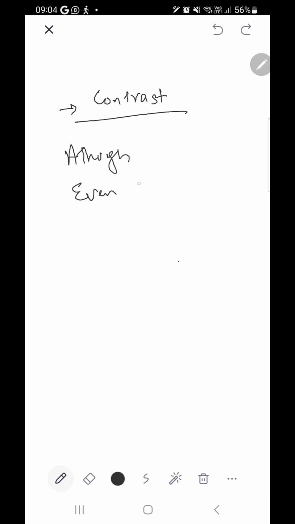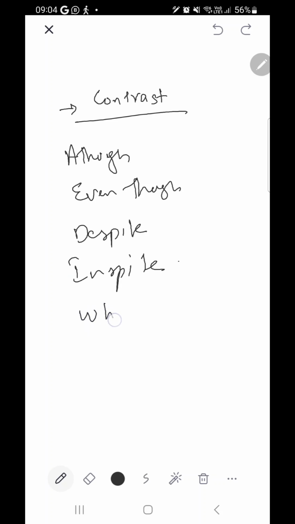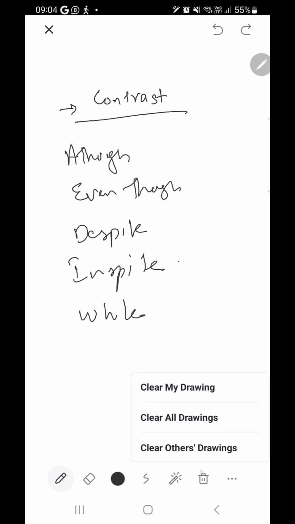Whenever we have to show contrast, we can use although, even though, despite, in spite, while, and so on. First of all, these are complex sentences.